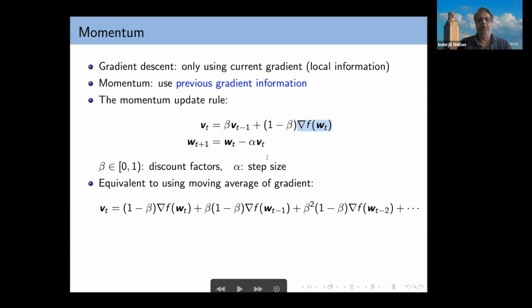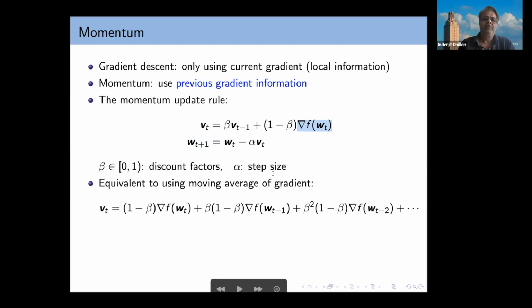right? Now there is this other method which uses momentum, which tries to not use just the gradient of f at Wt, but actually uses previous points also, the gradients of the previous points. Suppose I want to take an average.